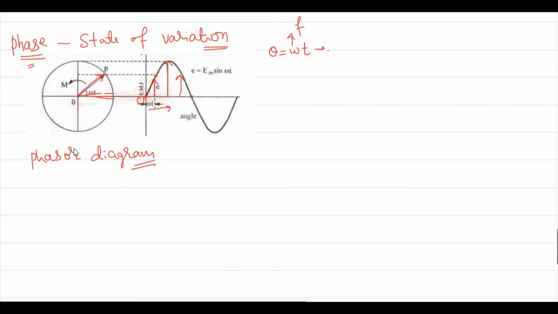As we represent any waveform, any quantity, whether it may be a current or voltage, we represent V equal to V maximum value into sine of omega t. Here we have defined E, the total voltage, equal to Em, the maximum amplitude, into sine of omega t, because this wave represents a sinusoidal one, right?